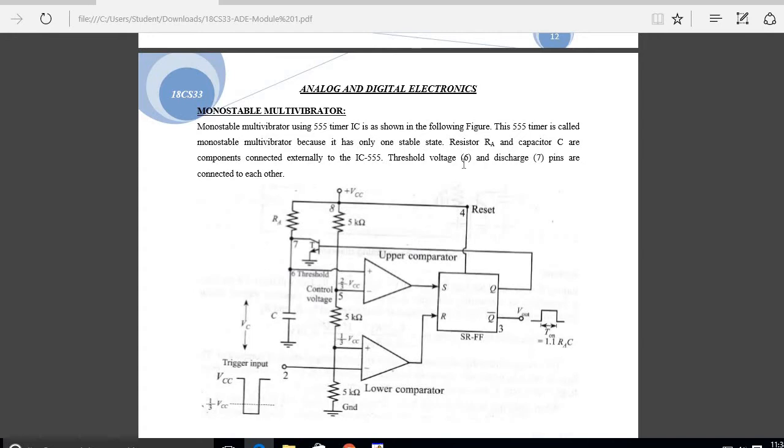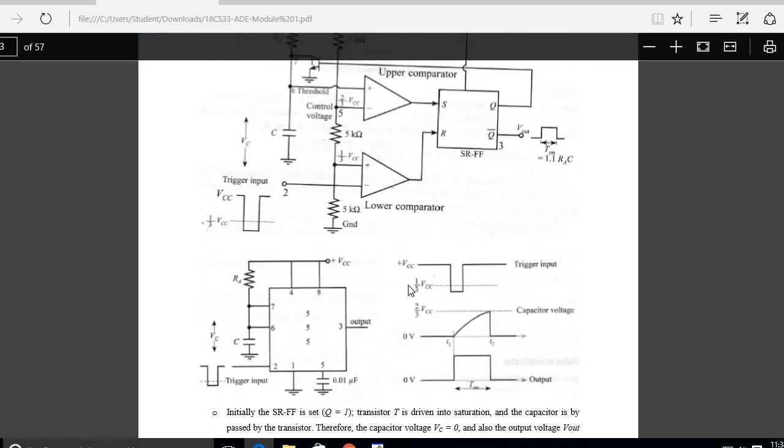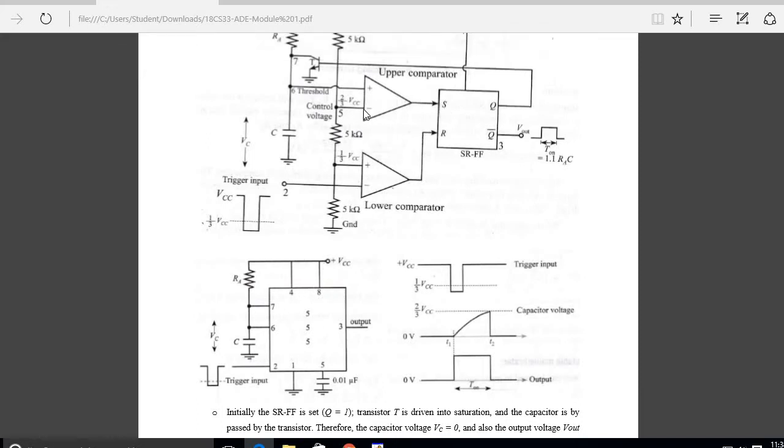The threshold pin, the 6th pin of the timer IC 555, is connected to the discharge pin, the 7th pin. This is what the circuit diagram looks like, and we will see the working. This is the same diagram, but the internal schematic of this monostable multivibrator, whereas externally it looks like this. The only thing is I am connecting RA and capacitor C to the timer IC 555.